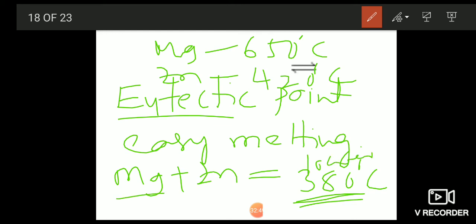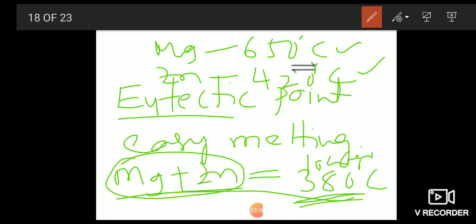That is, at this composition this alloy melts more easily than the individual pure metals. That is why it is called the easy melting point. At that point, the alloy of magnesium and zinc melts at a lower temperature than the pure metals. That is the meaning of eutectic.